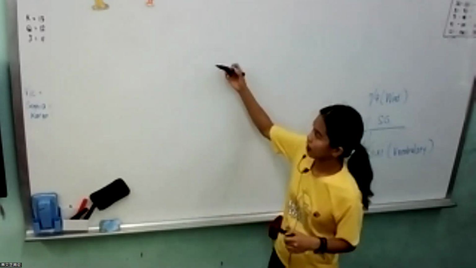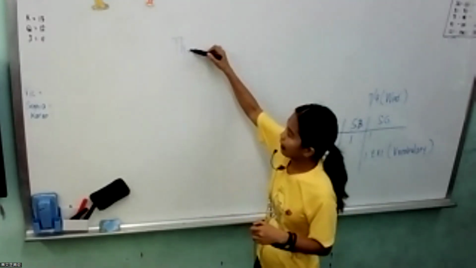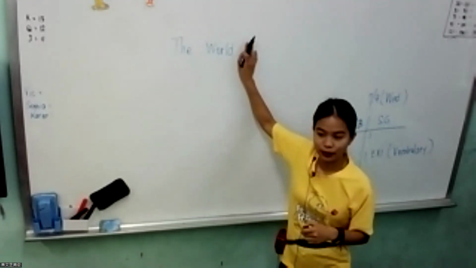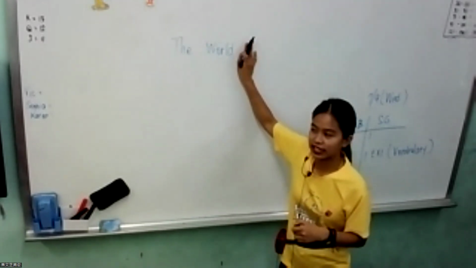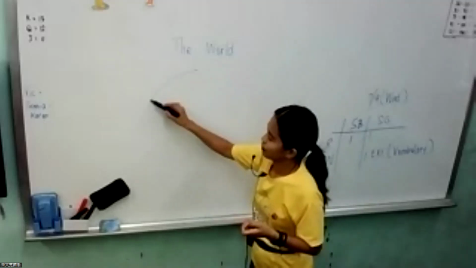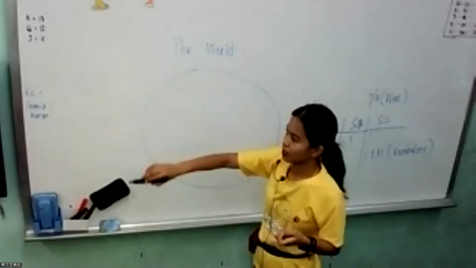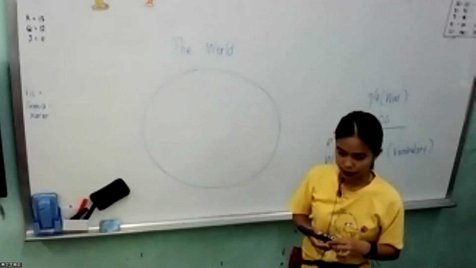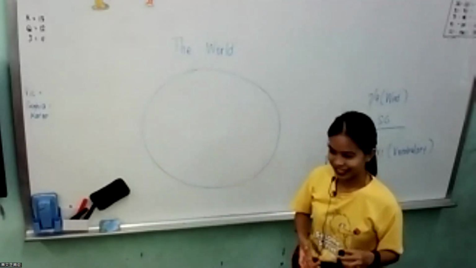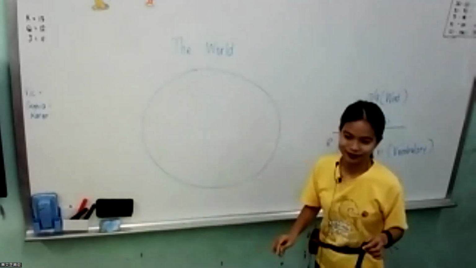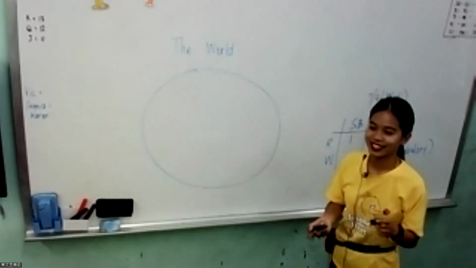Okay, so today we are going to learn about the world again. So do you have an idea about the world? So for example, this is the world. Okay, what is the shape of the world? Do you have an idea what is the shape? No?